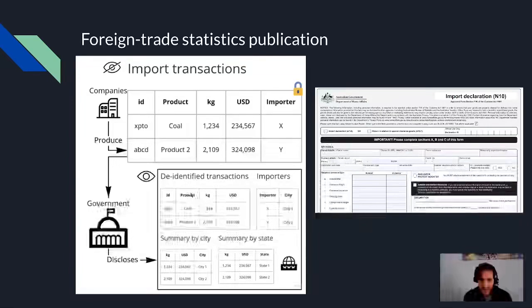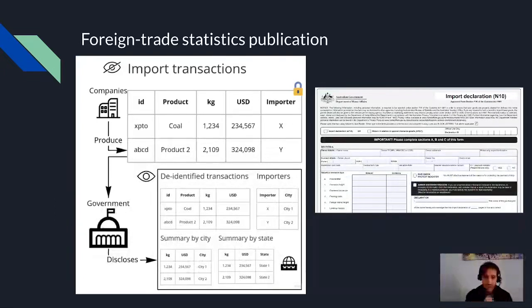One of the datasets will have all the transactions, but I'll remove all the direct business identifiers, such as name, address, and city. Other datasets will just have summaries by city and state and product type, for instance. And in one last dataset, I'll just put the companies' registration information.